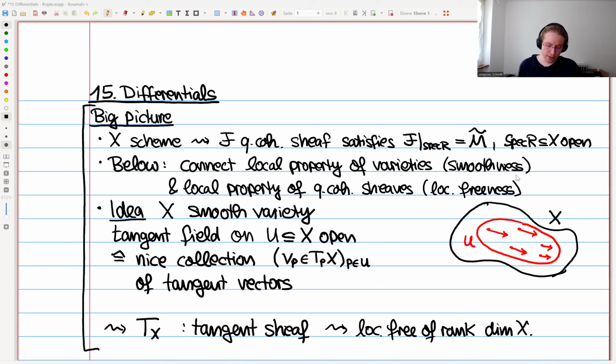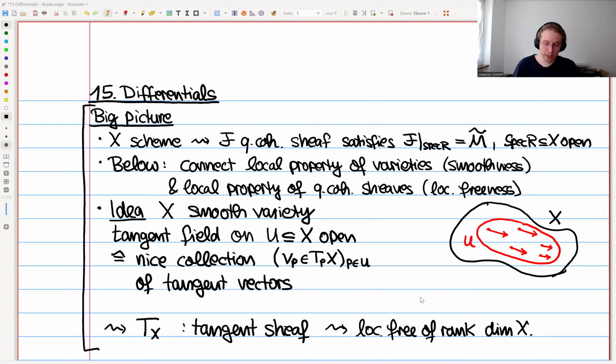And the idea here is, if X is, say, a smooth variety like this, and we have an open subset, then a tangent field on this open subset should be a nice collection of vectors in these tangent spaces, which fit together, which vary algebraically with the point inside this open subset U.